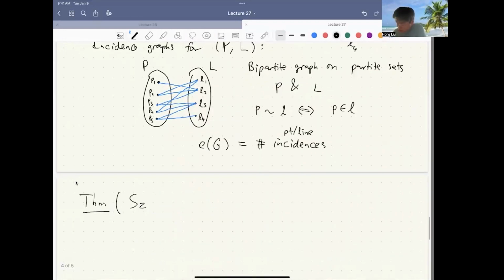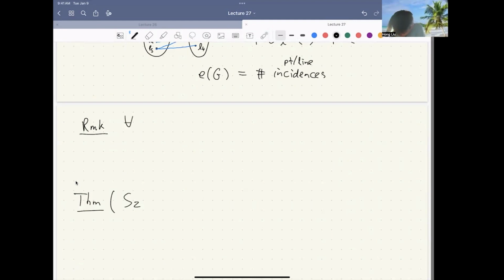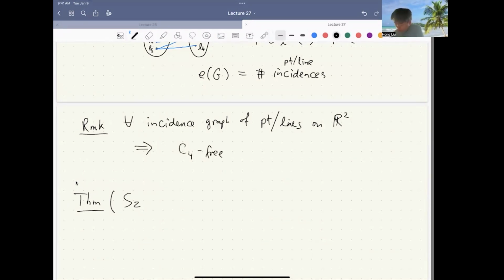One quick remark I want to say is that any incidence graph of points and lines on the plane must be C4-free.